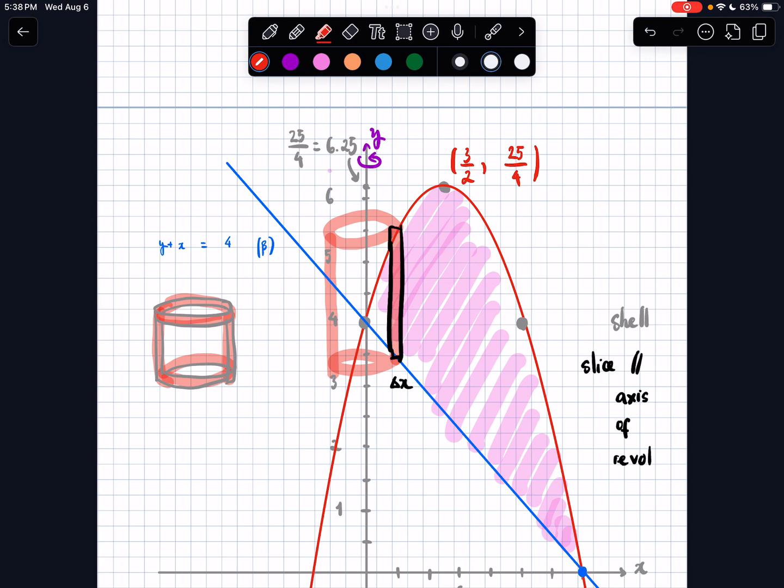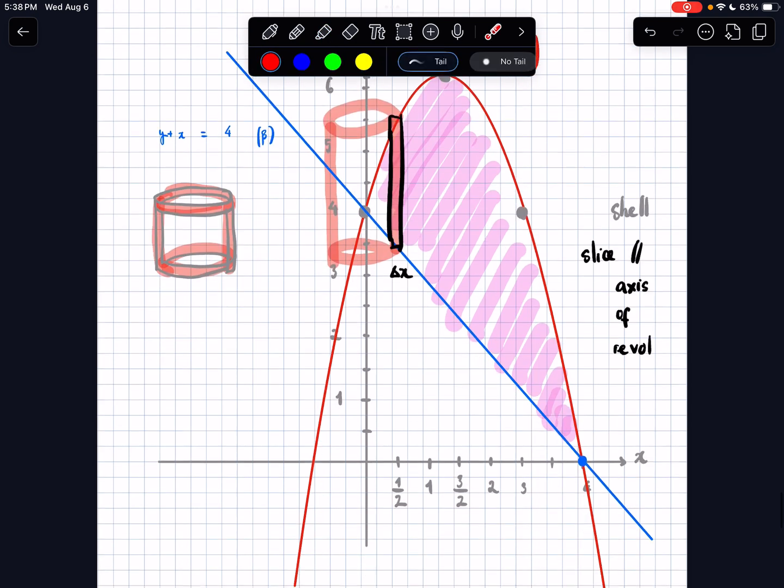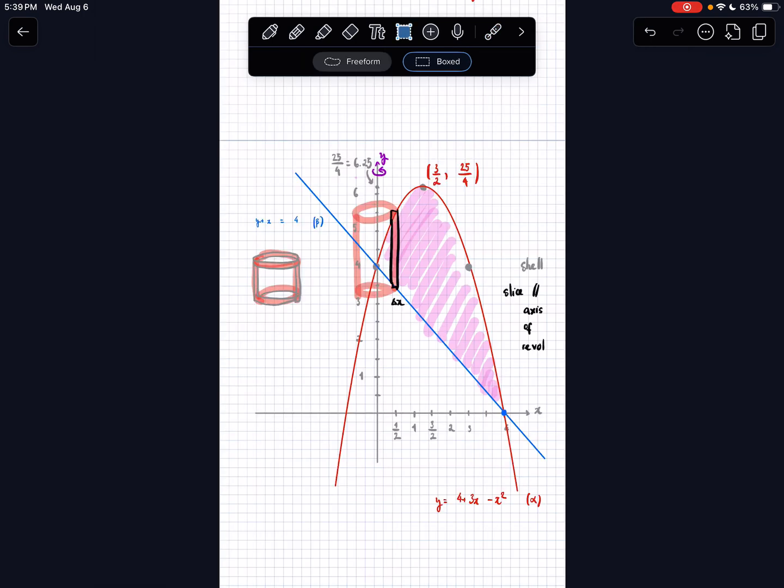And then the volume of the whole solid is actually the sum of the volume of all these small shells. The volume of this thin shell can be computed as follows.